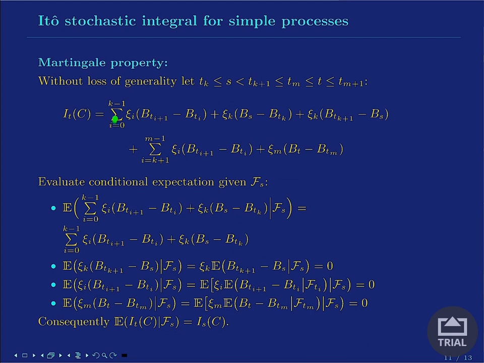So we have the first k summands here, xi times the increment over the next interval, plus then the first part of the interval from tk to s, so we have xk times the increment from tk to s, plus the same xk times the remaining increment for the remaining interval.